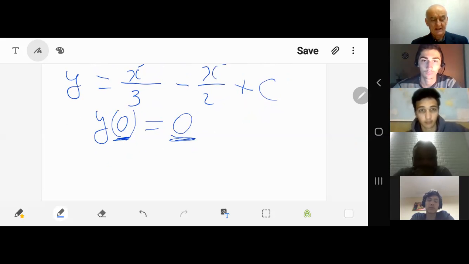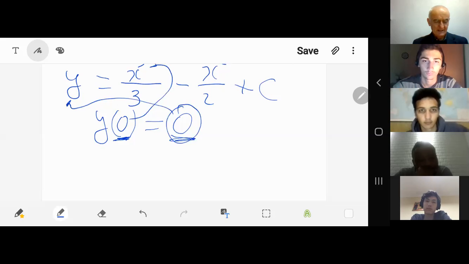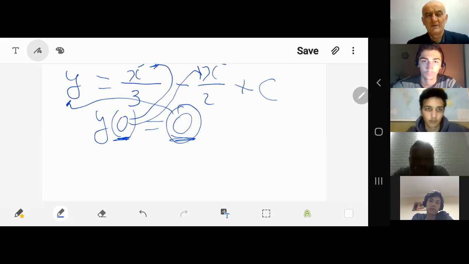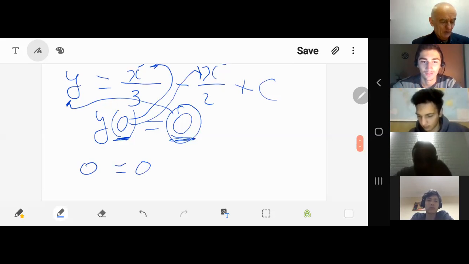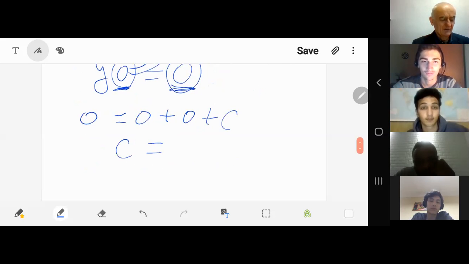So I should plug 0 in instead of y, and 0 in instead of x. And what will we have? Only C. C equals 0, because it means 0 equals 0 plus 0 plus C. And from here, C equals 0.